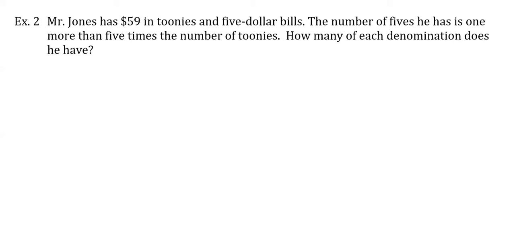There's only 2 types, toonies and $5 bills. And then it tells us something about the relationship between how many he has of each.